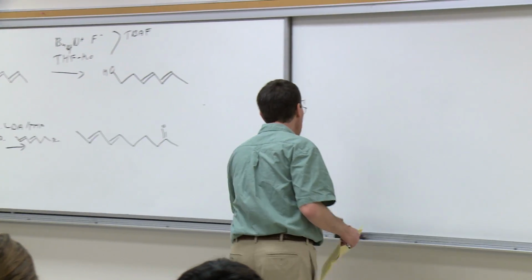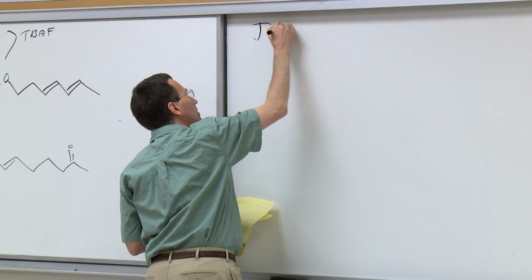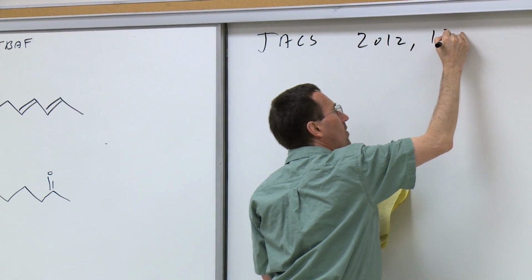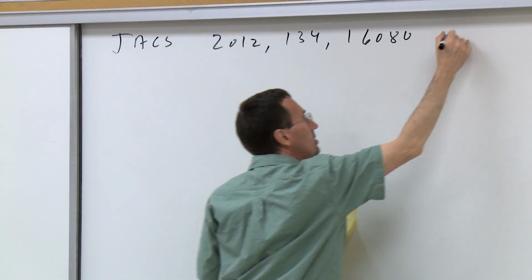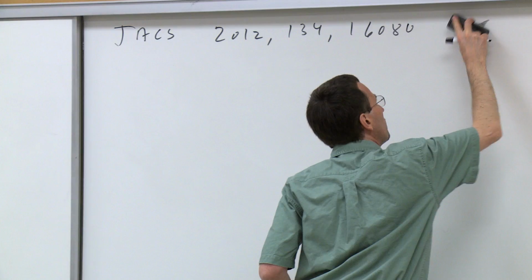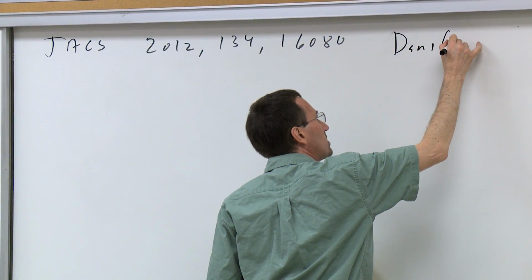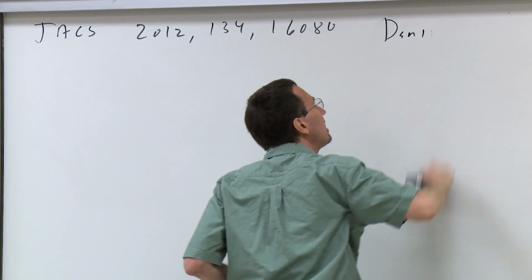So I want to show you, this is a synthesis that Sam Danishefsky worked out, published in JACS in 2012, and of course it's always worked out by students in the lab, but people end up associating with the PI, with Professor Danishefsky, who is one of the masters of the Diels-Alder reaction.